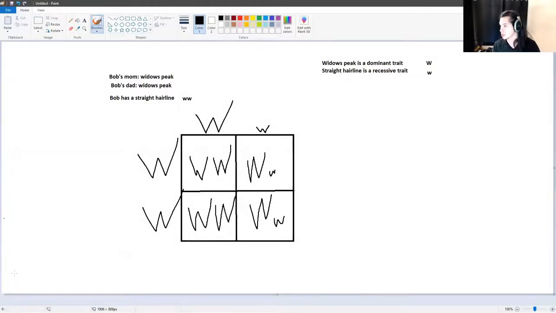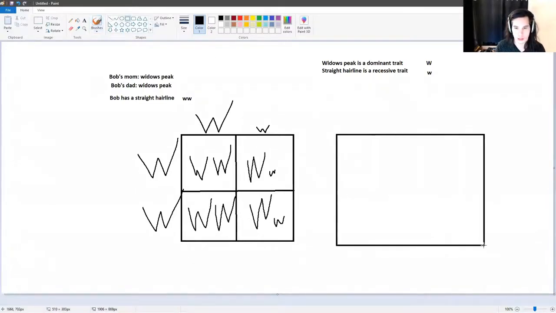With this combination, we know that Bob has a straight hairline and his parents have widow's peaks. We need to somehow pass on our genes to create a homozygous recessive child. And so after that error, I'd run another trial.